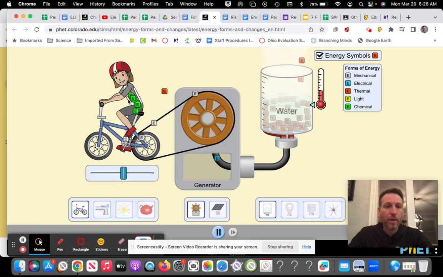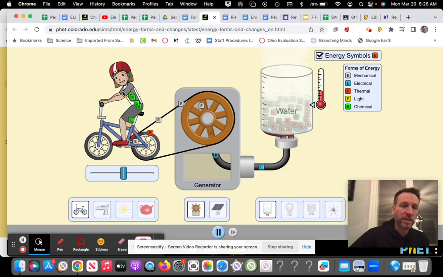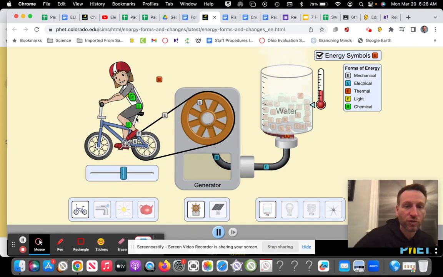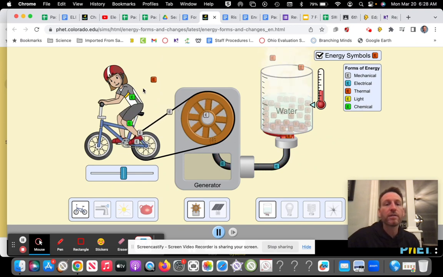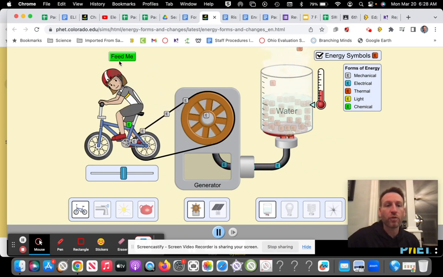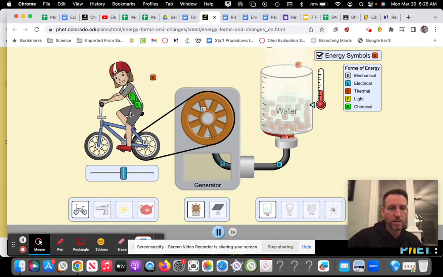So right now, I'm going to start here with the girl on the bike, and she is pedaling. And as she's pedaling, these green E's, which are chemical, because it tells me green is chemical over here, are being changed or converted or transformed into the energy of motion, mechanical.